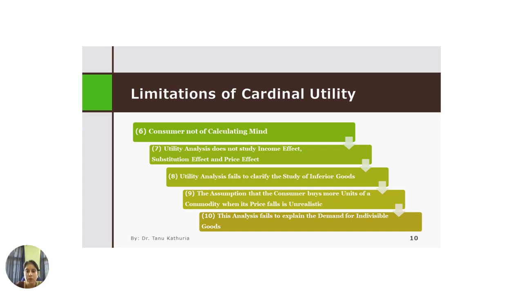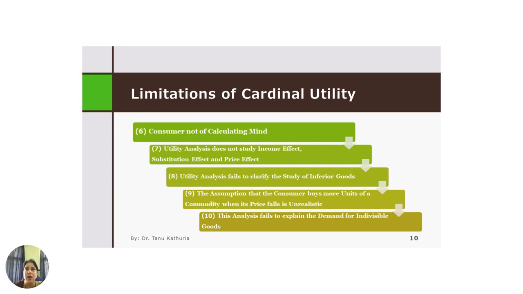Coming back to more limitations, the consumer is not of a calculative mind. I cannot say that my utility has reached its maximum so I should not consume more, because I cannot keep calculating how much utility I'm getting out of this consumption. Utility analysis does not study the income effect, substitution effect, and price effect.